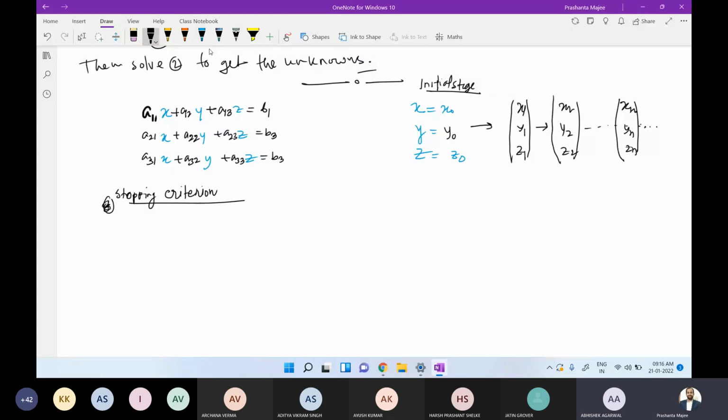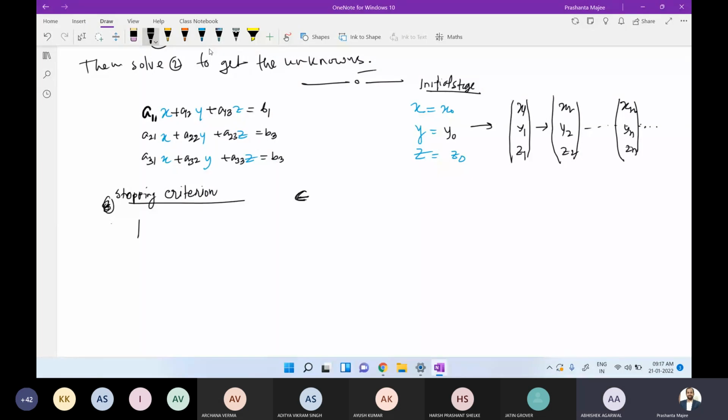It will be as soon as the difference between two consecutive iterations is less than certain fixed number. So you have decided that epsilon is very small quantity, maybe 0.001 or maybe 0.002 or maybe 0.0005, anything you can decide.